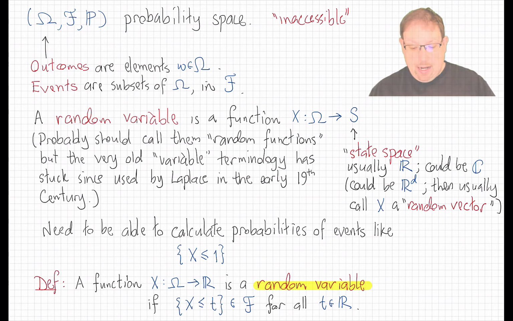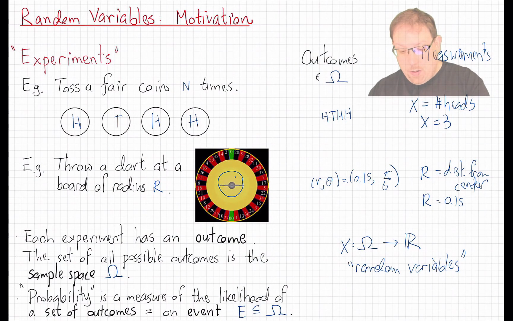Looking again at our experiments, we are measuring the values of the random variables. So we need events like x equals 3 and r equals 0.15 to be the sorts of things we can take probabilities of.